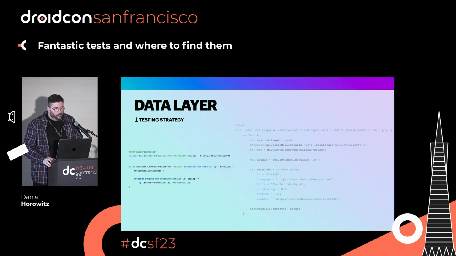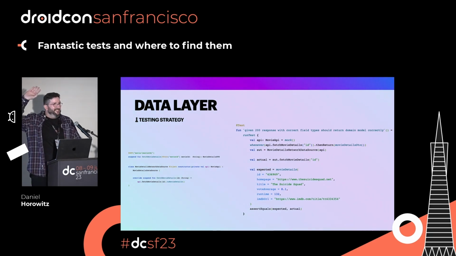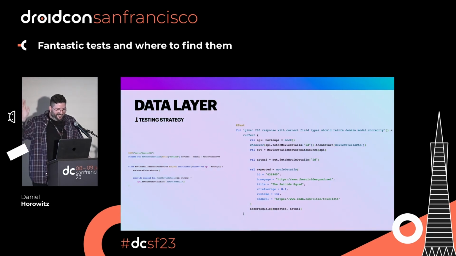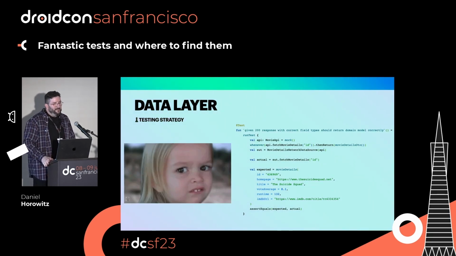So then you write a test for that. And in this test, whoever saw a test like this, raise your hand. I did. I wrote one once, right? So you're mocking the API and then asserting the result, right? So what could possibly go wrong? So now you are thinking that this test is suspicious, right?